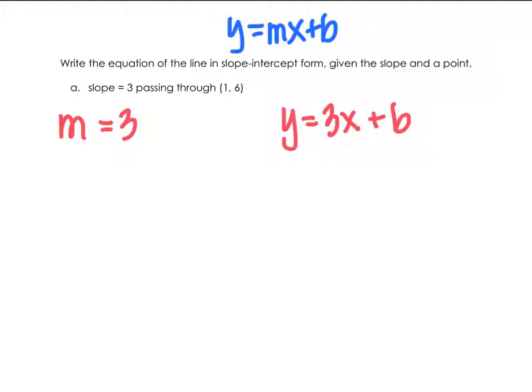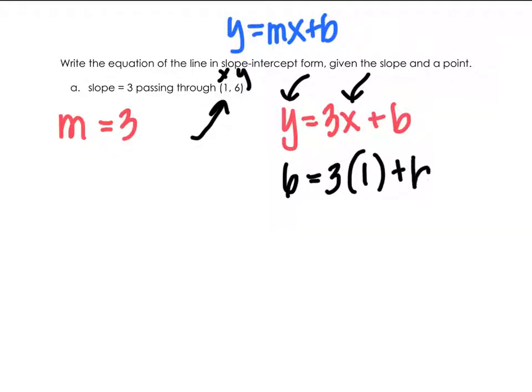Now, to figure out what b is going to be equal to, I have this point, and this is an x and a y. Notice my line has an x and a y that I can plug those into. So 6 is equal to 3 times 1 plus b from subbing in my x and y.